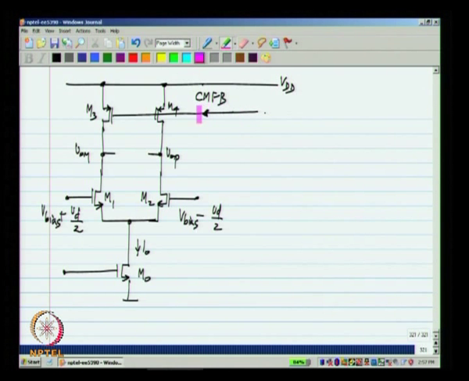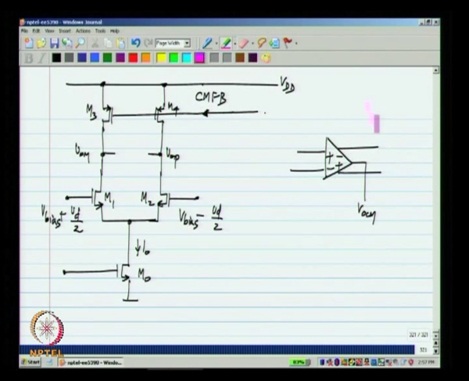Now, what should this feedback be based on? It should be based on the average value of VOP and VOM. Okay. We do not want to react to VOP and VOM individually. Like I said, we need an op amp, and the op amp's output must be able to vary. Okay.